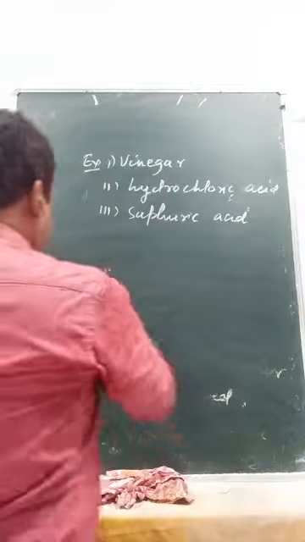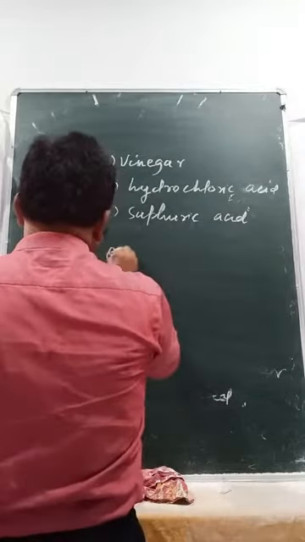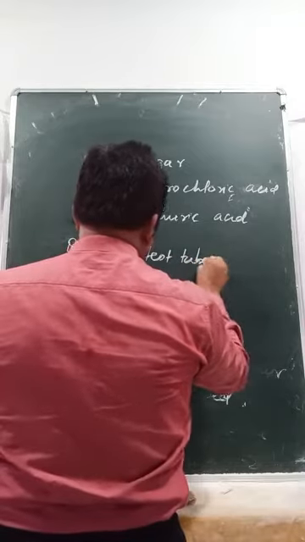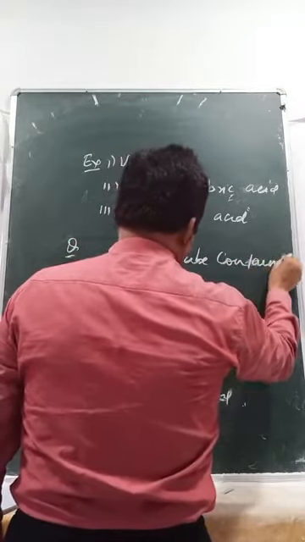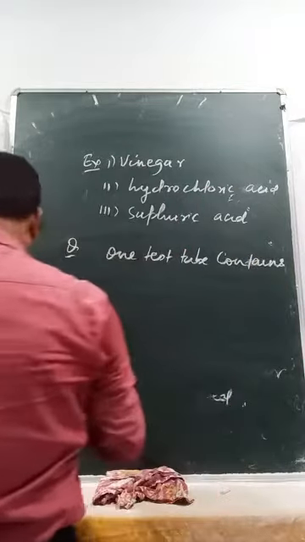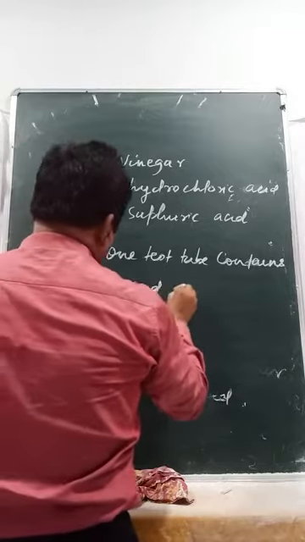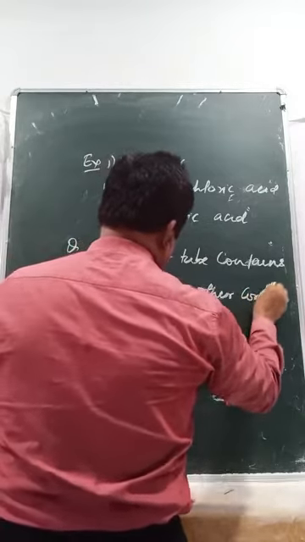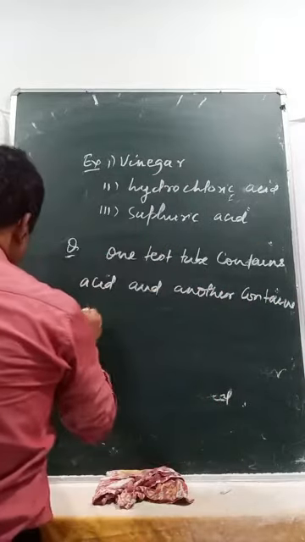The question is that one test tube contains acid and another contains distilled water.